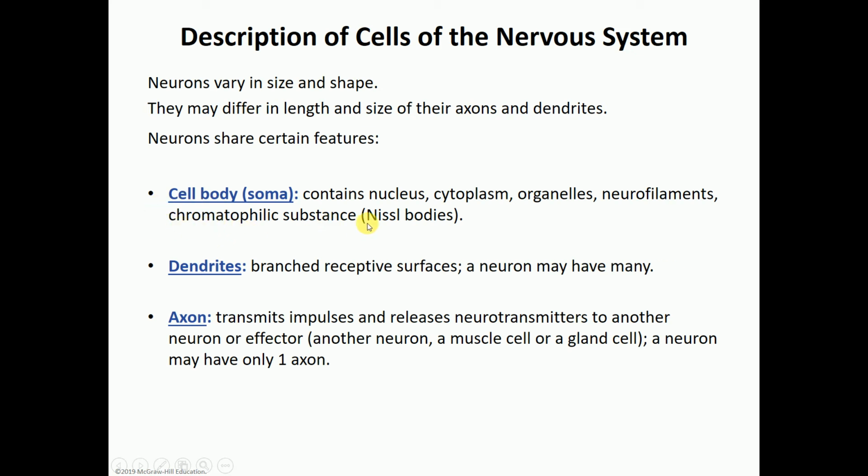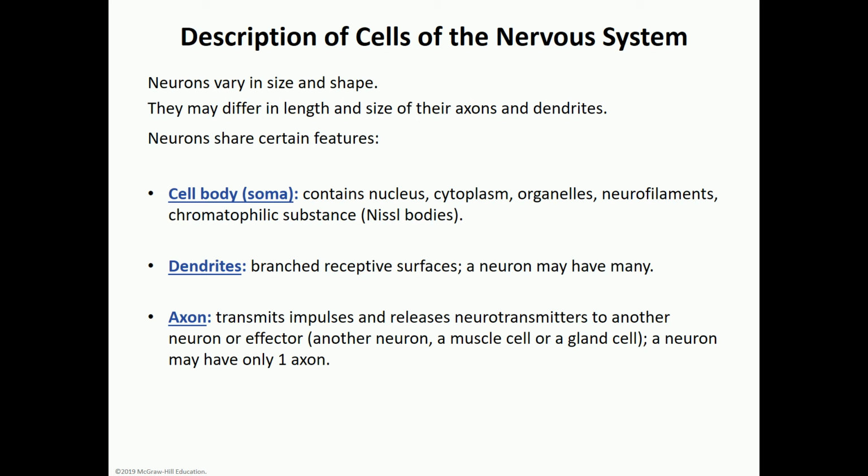And they were discovered by a scientist with the last name of Nissl, so he named them after himself. So these Nissl bodies or the chromatophilic substances are just fancier words for the rough endoplasmic reticulum of the neuron.